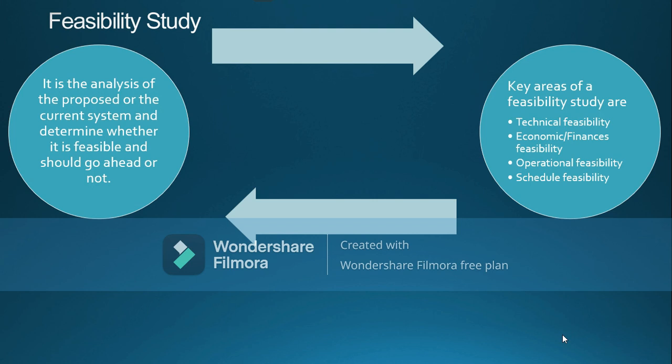So that all is discussed in the schedule feasibility. So gap analysis and feasibility study are the key areas that are kept in mind when a project is taken up by any organization and when they actually start to work on it.